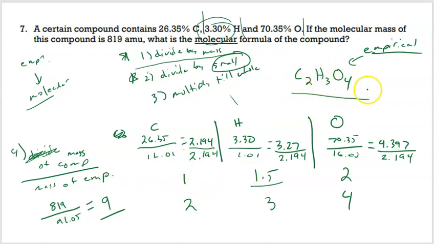So 2 times 9 is going to be C18. My 3 times 9 is going to be H27. And 4 times 9 is going to be O36. That is a big stinking molecule.